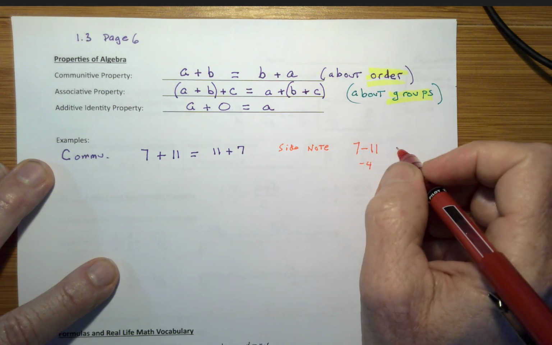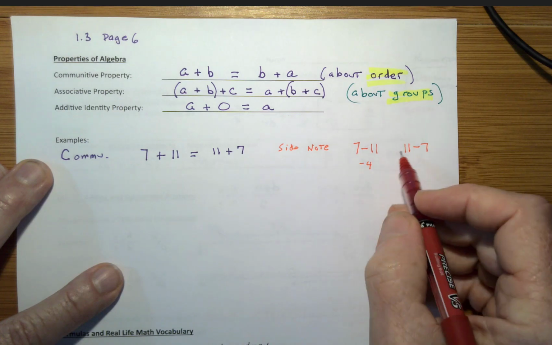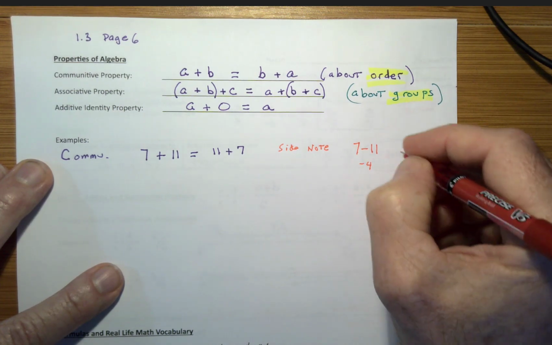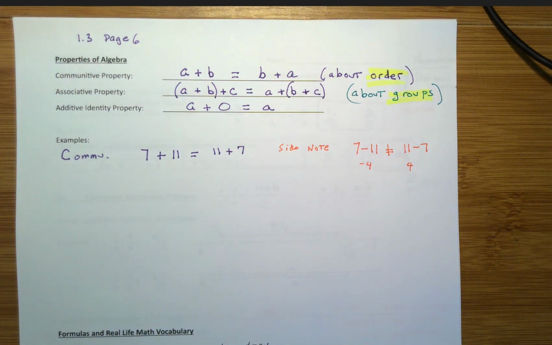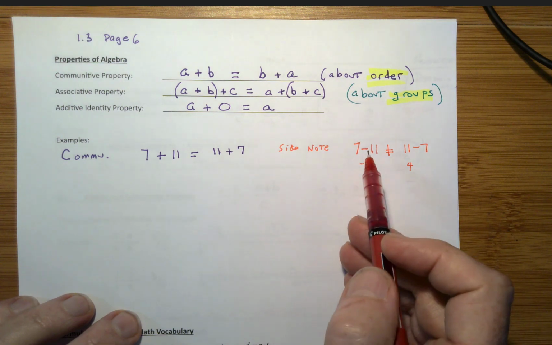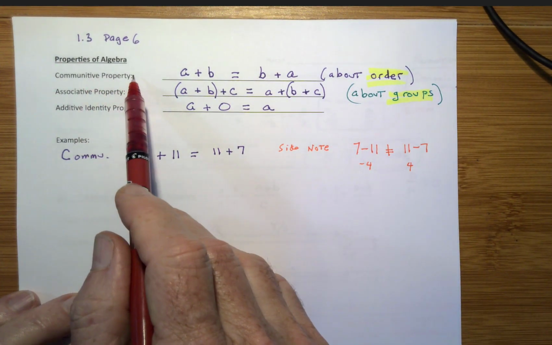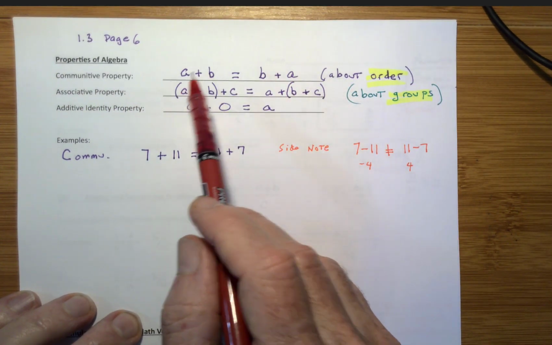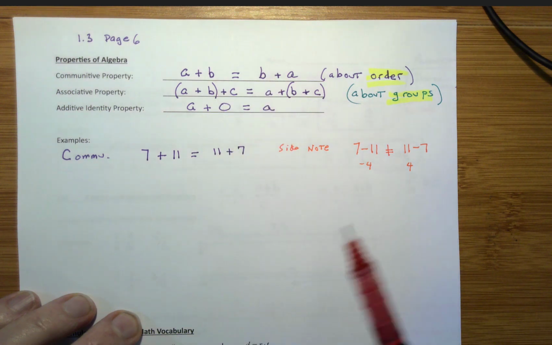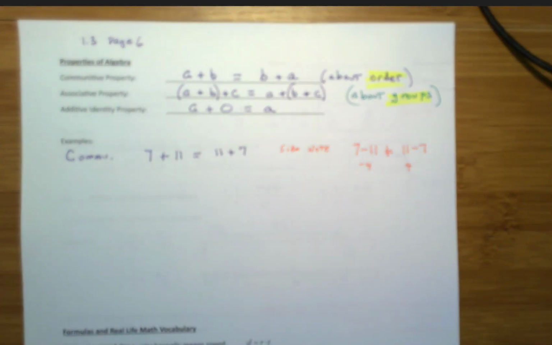What if we change the order? 11 minus 7. 11 minus 7 is positive 4. These are not equal. So what that tells us is subtraction does not follow the commutative property. The commutative property is only true for adding and multiplying. Turns out you can do this with adding or multiplying.